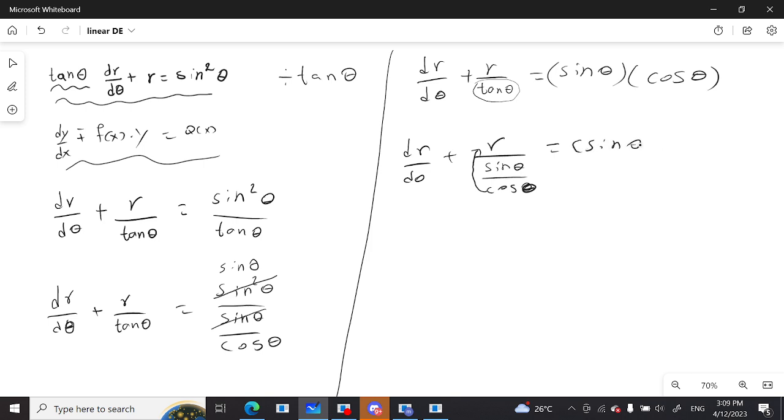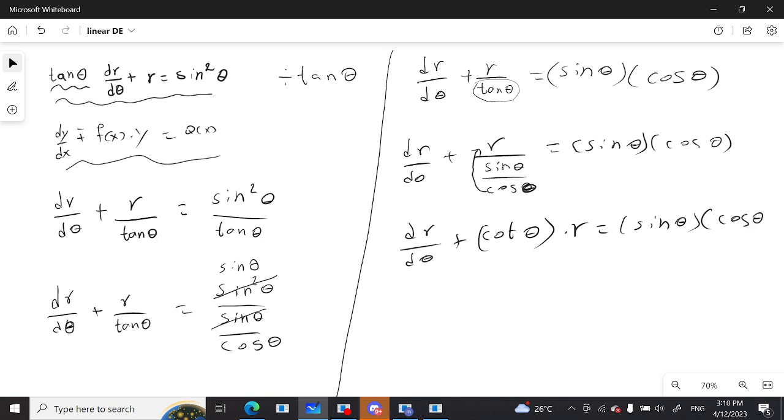So let's just complete this one here. Therefore we get dr d theta plus cotan theta multiplied by r, and it's equal to sine theta cosine theta.